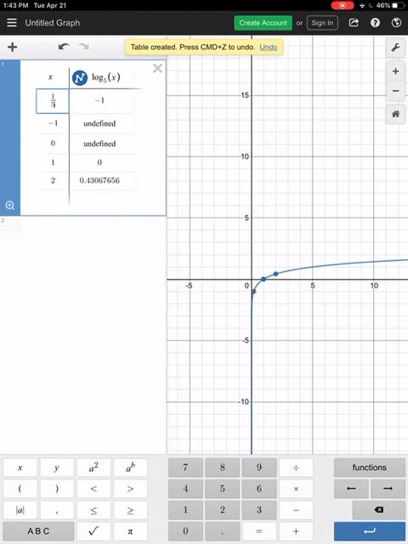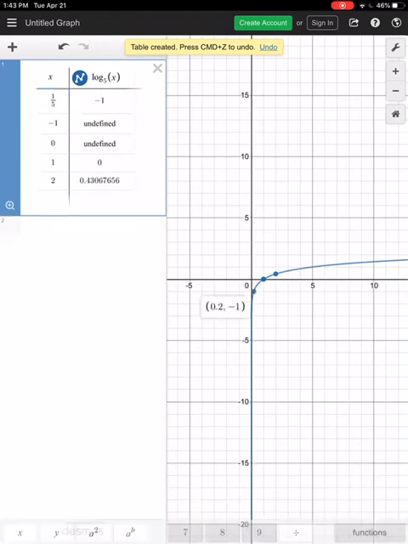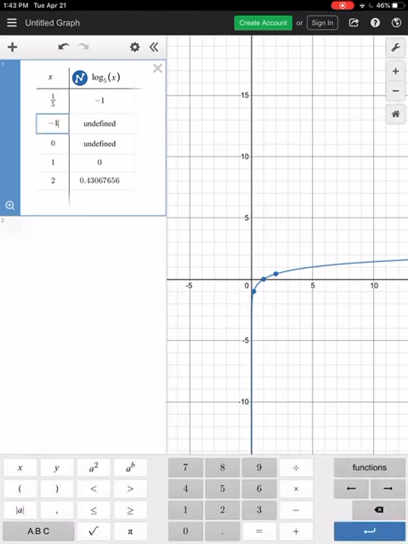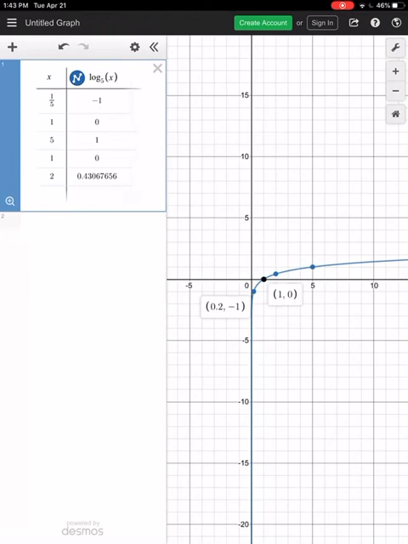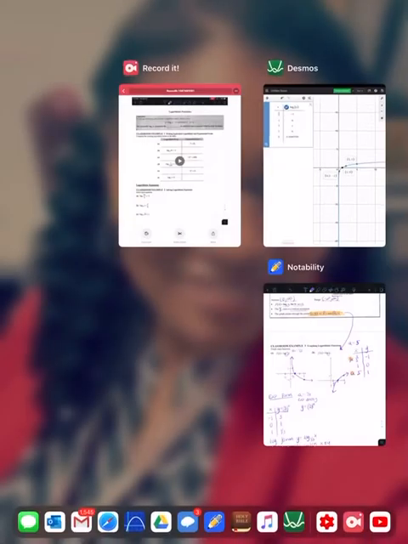We have 1 divided by 5. So 1 divided by 5 is -1. That's the point we graphed. Then when it's 1, 1, 0, and I'm going to change this to 5, 1. So here are your points. Those are the 3 points. All right, and that's it.